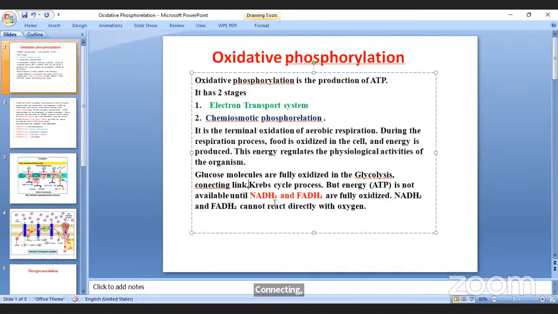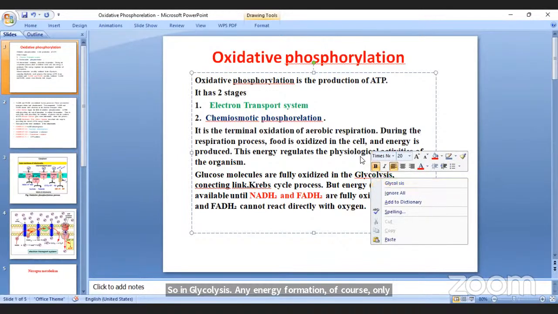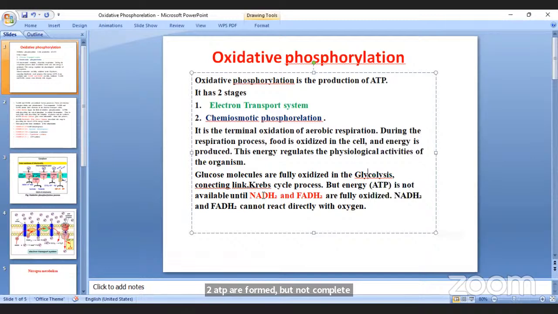But energy as ATP is not available until NADH2 and FADH2 are fully oxidized. In glycolysis, only two ATPs are formed. What about the connecting link? No ATP, only NADH2. But for complete oxidation, how many ATPs are formed?